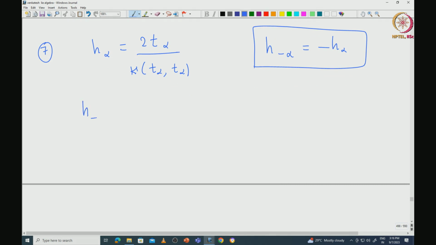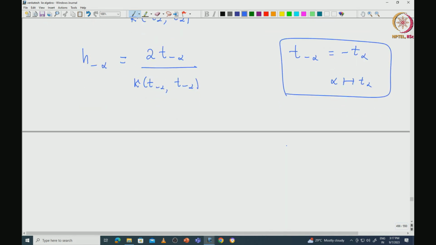What is the definition of h minus alpha? It is given by twice t minus alpha divided by kappa of t minus alpha comma t minus alpha. But note that t minus alpha must be equal to minus t alpha, because alpha goes to t alpha is a linear map in terms of alpha.